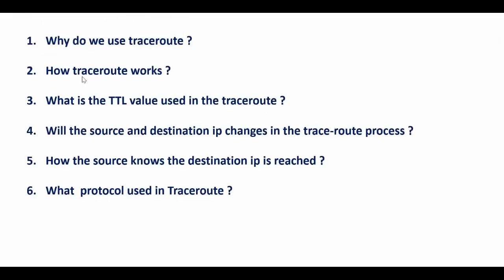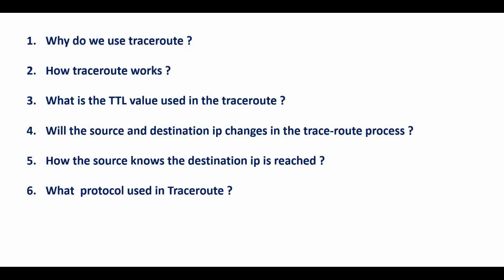And the second question is how traceroute works, that I explained before showing the demo in Packet Tracer. And mainly the candidate will be tested on what the TTL value used in the traceroute is. So when a traceroute is initiated from the source, the first ICMP packet goes with TTL value 1, and after that, when you get a reply, TTL time exceeded, the second time you send the ICMP packet with TTL 2.